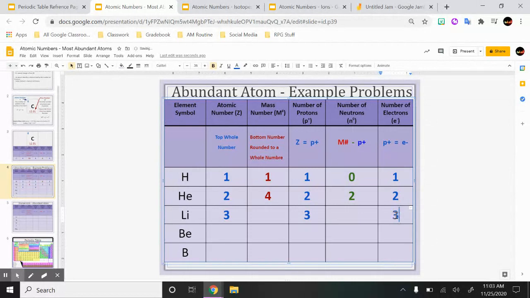Their electrons will also be 3. Our mass was 6.94. Now, if we look at this number, it's 0.9, so that's 0.5 or higher, so we round up. Think about if you were looking at the price of something in the store, you're going to round this up to 7 in your head. So 0.9, we round up to 7. To get my neutrons, I'm going to do mass minus protons equals 4 neutrons.